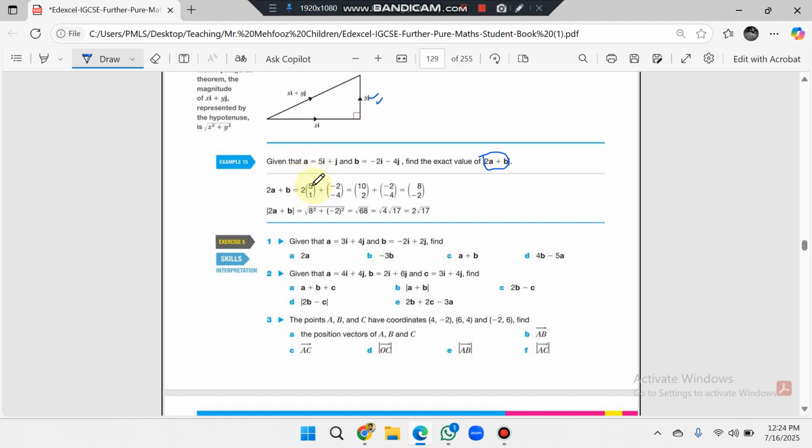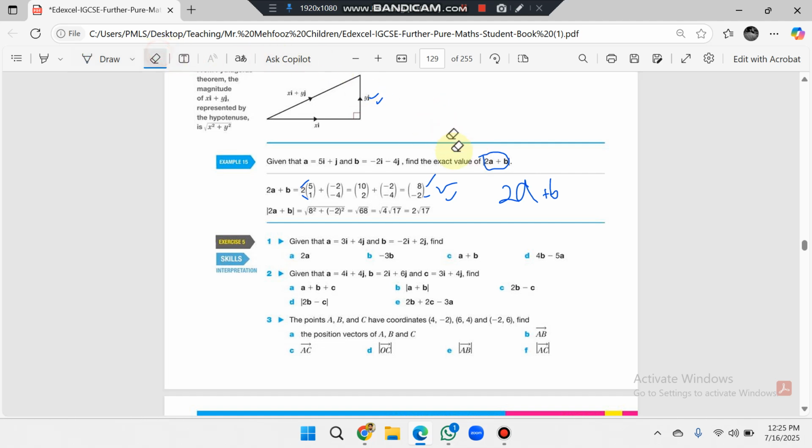It becomes (10, 2), right? 2 into (5, 1), and plus b is as it is, that is (minus 2, minus 4). When we add these terms, it becomes (8, minus 2). So this is the answer for the vector 2a plus b.